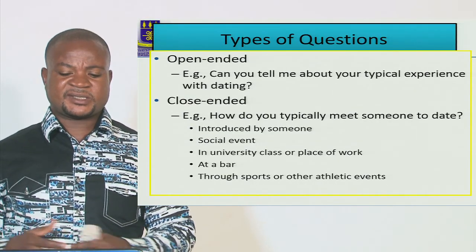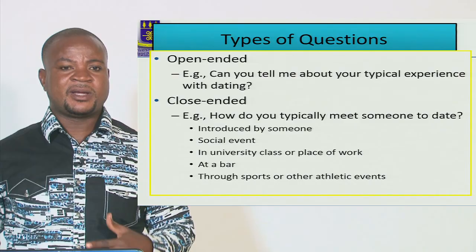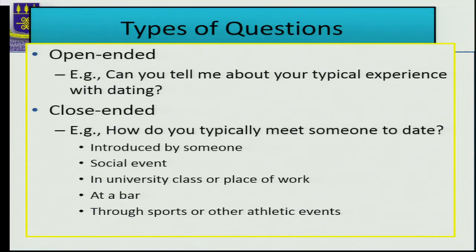Now let's look at the questions. The questions that we ask in the survey most of the time are of two types. We have open-ended questions and then closed-ended questions. Open-ended questions are those where we ask the participants to write their experiences, their typical experiences. So you can have a question like, can you tell me about your typical experience when you were dating so and so?